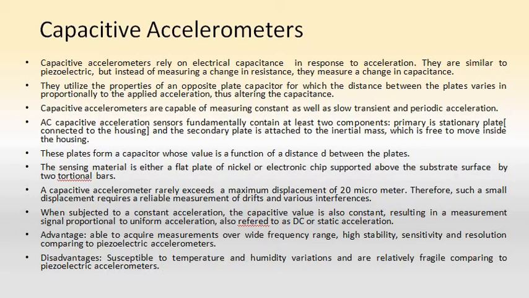That is, these temperature and humidity variations are what type of inputs? They are spurious inputs. So this type of accelerometer is prone to spurious input more than that of piezoelectric accelerometers.